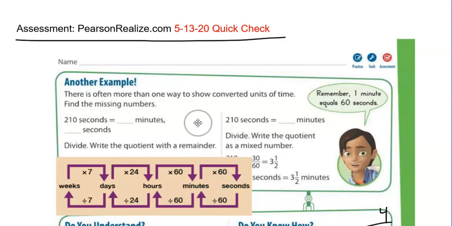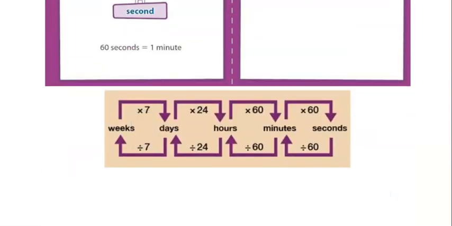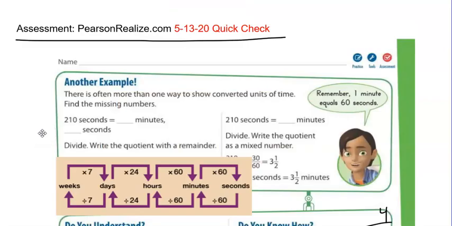Your assessment on Pearson Realize is showing me what you understood and what you learned. Your conversion chart is on page 34. Please make sure that you have that handy when you are on Pearson Realize doing your quick check 5/13/20 because this will come in handy for you to be able to complete that assignment.